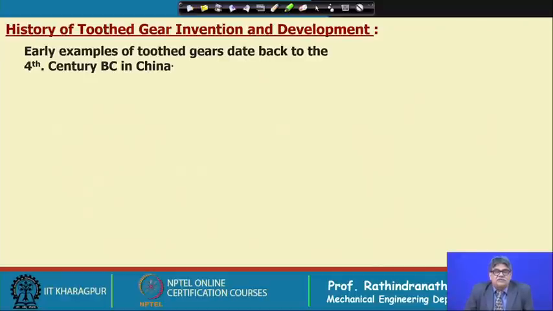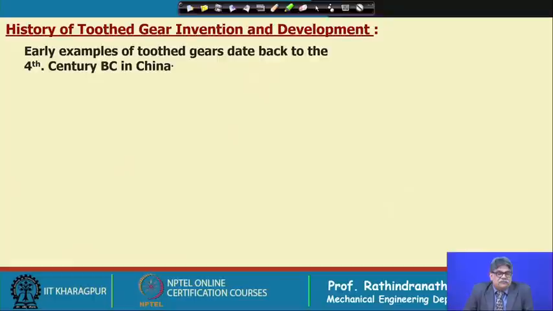Now, to transmit the torque, to magnify torque and to reduce the speed, from the very beginning of the human civilization, people started thinking how it can be done, and they used various methods: lever, then rope tackle, etc. And in that way tooth gear also came in.